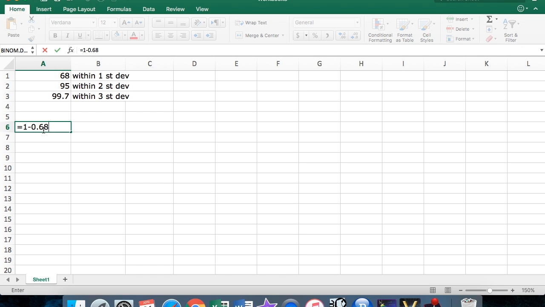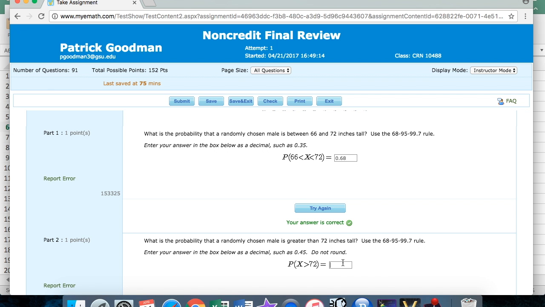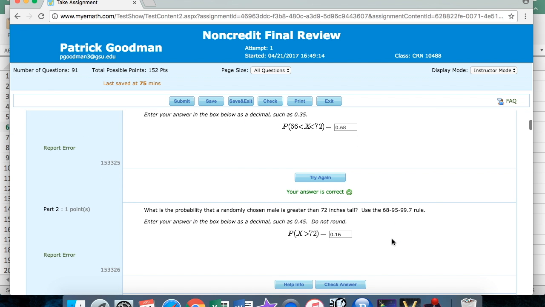This gets you the two tails: the probability above 72 and the probability below one standard deviation below, both of those probabilities. If you divide this by 2, you get the single tail. So 16.